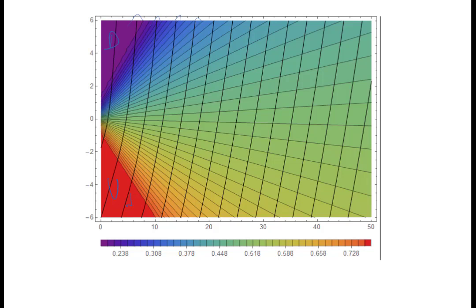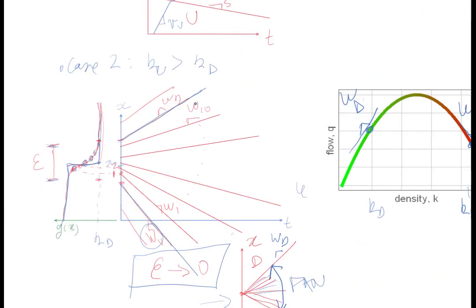But the problem is that the acceleration is very slow. As any trajectory touches a characteristic, for example here, the slope of that trajectory at that characteristic is the slope of the cars at that wave speed. What I mean is, for example, in state D, the speed of vehicles is VD, and the characteristic is WD, and same for state U, that's VU.